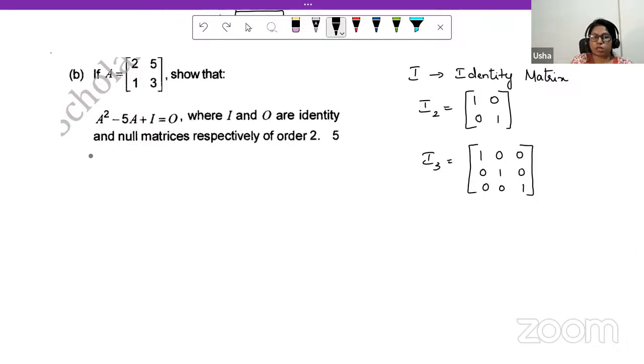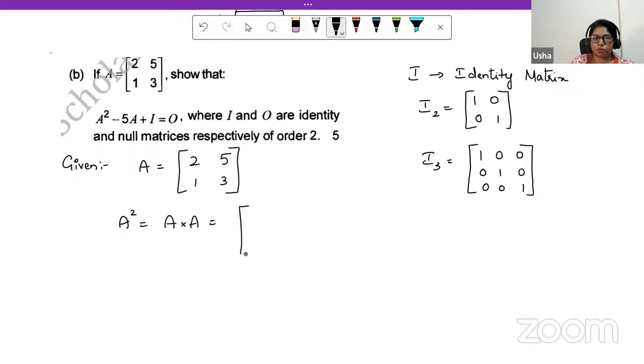So first find out what is A square. Given A is equal to [[2, 5], [1, 3]]. Okay, so find out A square. A square is A into A. You are supposed to multiply this [[2, 5], [1, 3]] with A itself.